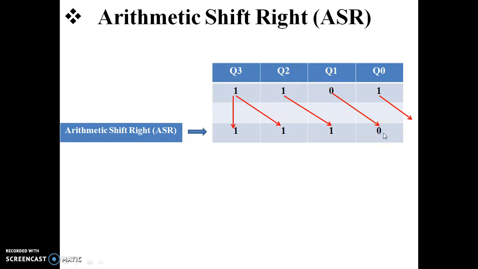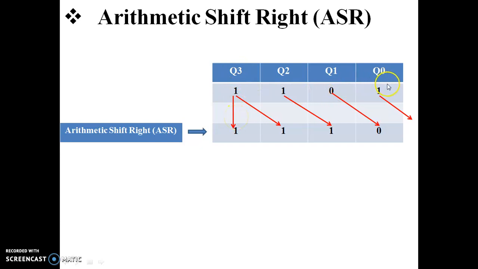We have only 4 bits, so it will move to the extreme right. Then we have Q2, which is 1. It will be shifted 1 position to the right. Q3 will be shifted to the Q2 position. Now this bit remains empty. Now what is to be filled? This Q3 bit will be filled with the same number as the Q3 bit in the earlier representation.